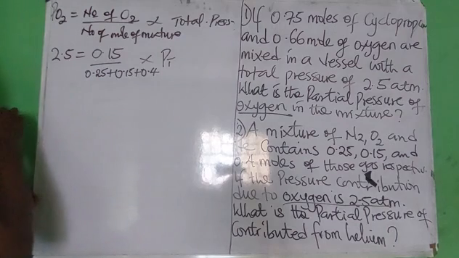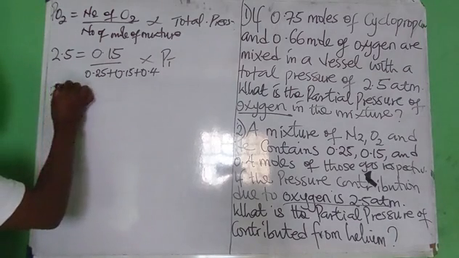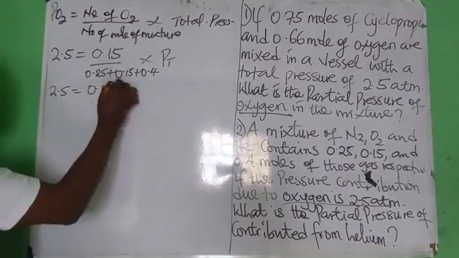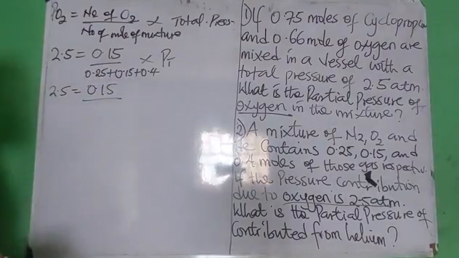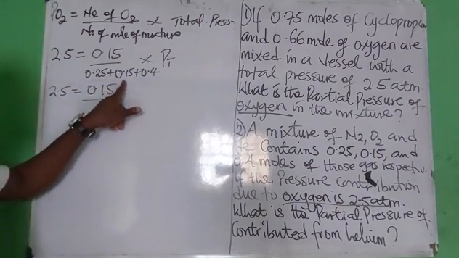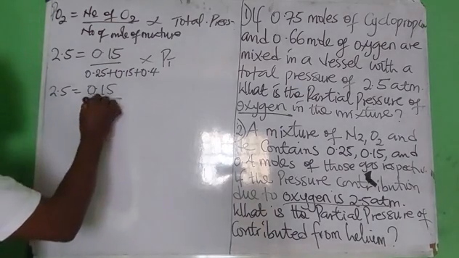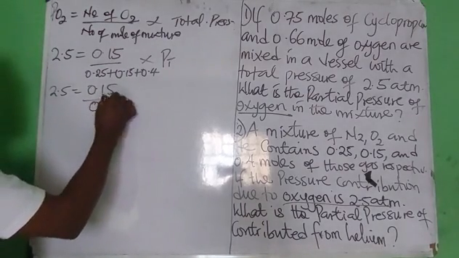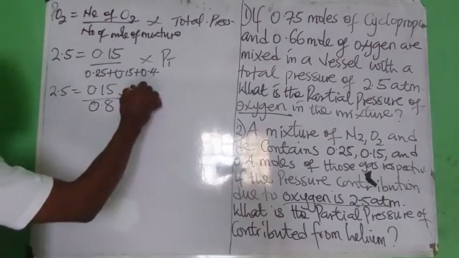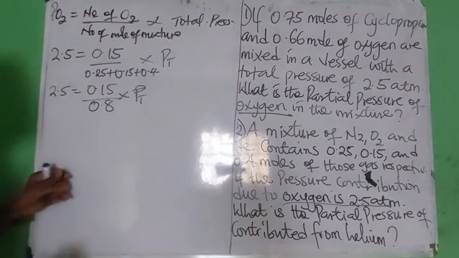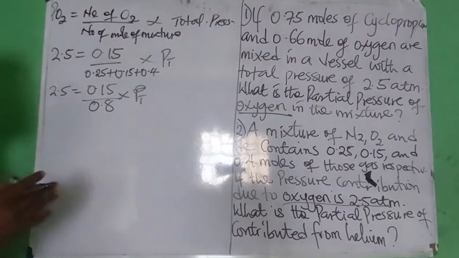So this becomes 2.5 equals 0.15 over, punch your calculator, 0.25 plus 0.15 plus 0.4, which is 0.8, times P total.